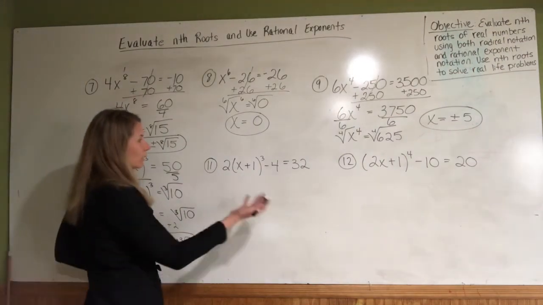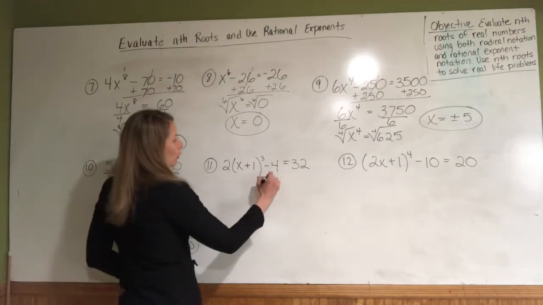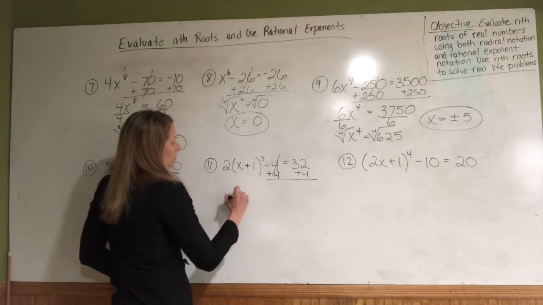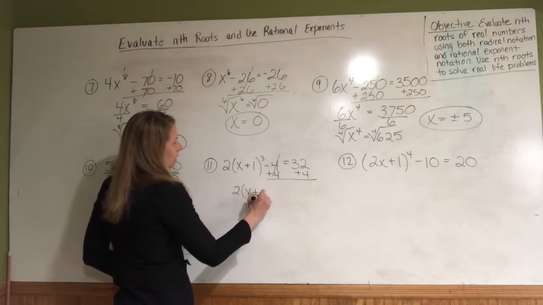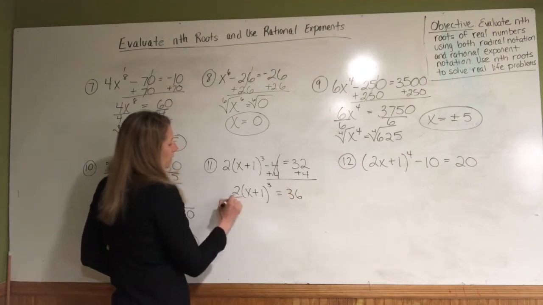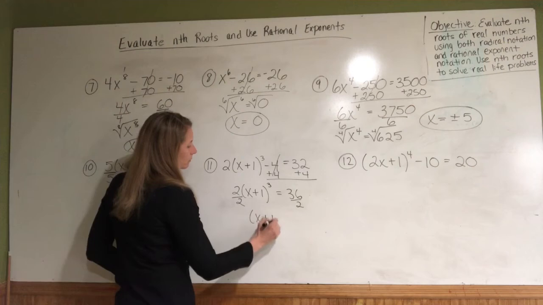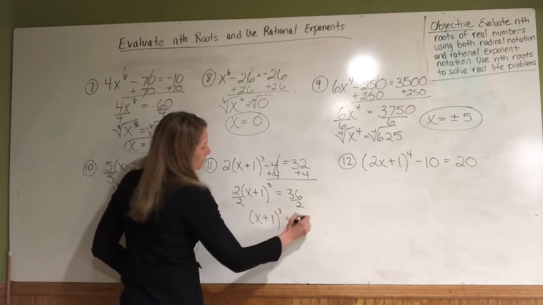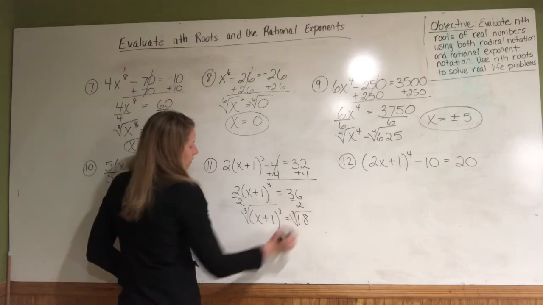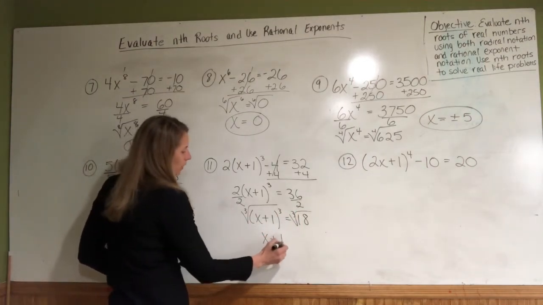Okay, same thing for number 11 and 12. We want to isolate the parentheses. So moving over everything else. So I have 2 times x plus 1 to the 3rd power equals 36. Get rid of the 2 by dividing it on both sides. Now I can cubic root the entire 2 sides of my equation there, so that I'm just left with x plus 1.